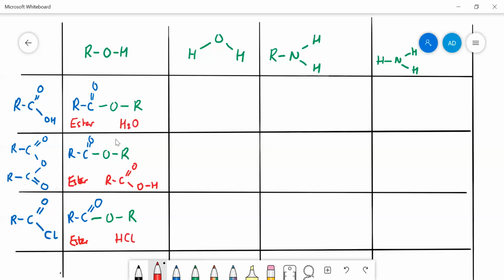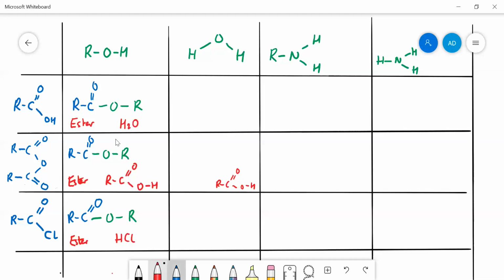Okay, so let's now do what would happen if water reacts with, well, I won't do carboxylic acid first, but let's do what happens with the acid anhydride. So that drops off, and just like this time we had that H joining it. So the little molecule we're going to get is going to be a carboxylic acid. And what is the product going to be?